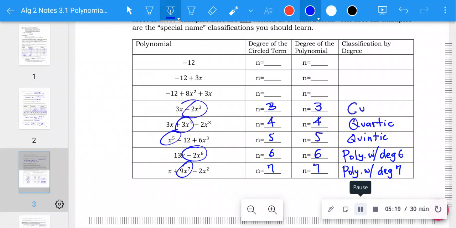Now it actually starts with C, but it has a similar sound to the Q. So there's cubic, quartic, and quintic. That's 3rd degree, 4th degree, and 5th degree.